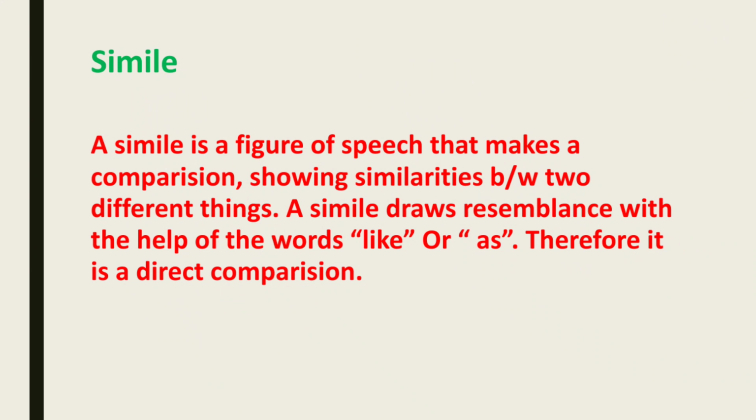It means whenever we want to compare someone to another person, for that we need two objects. So here it is clear that a simile is a figure of speech that makes a comparison. This figure of speech is used for comparison, and it shows similarities between two different things.